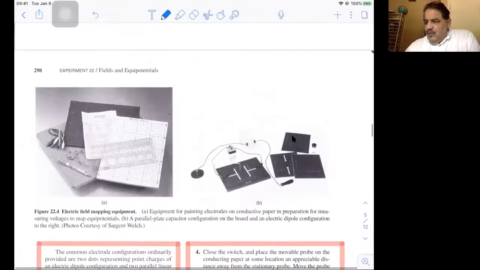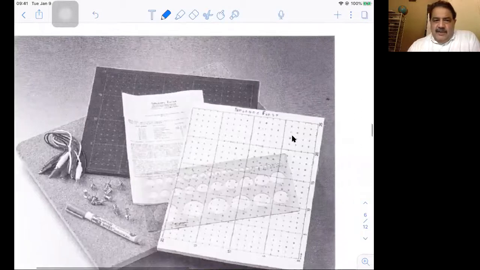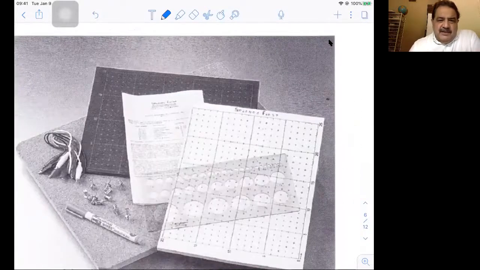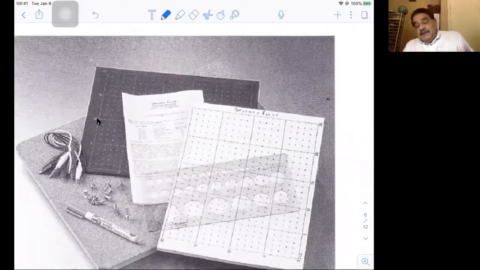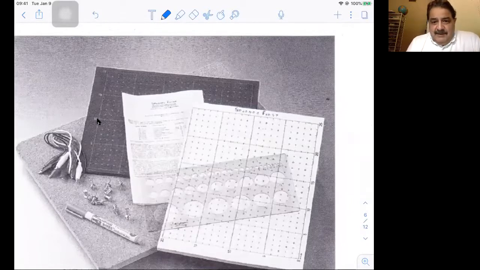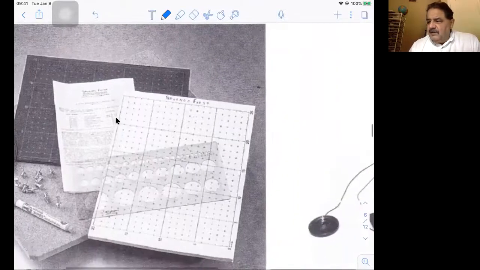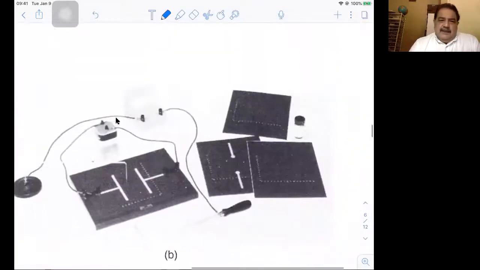This is the equipment that we use. You've got this conductive paper. Now this is what we normally use when we're doing face-to-face labs. But we're going to simulate it using the PhET simulator from the University of Colorado, and I'm going to do these two configurations.